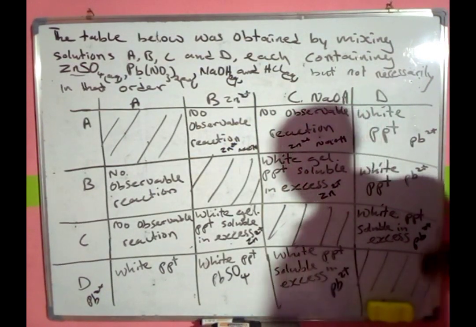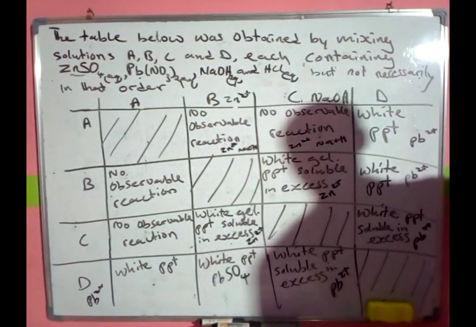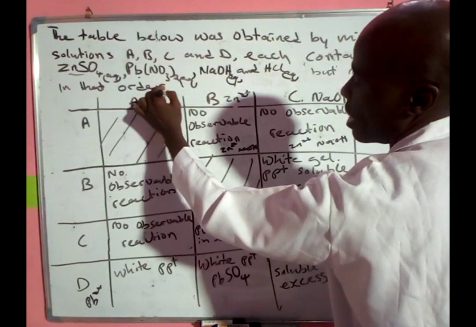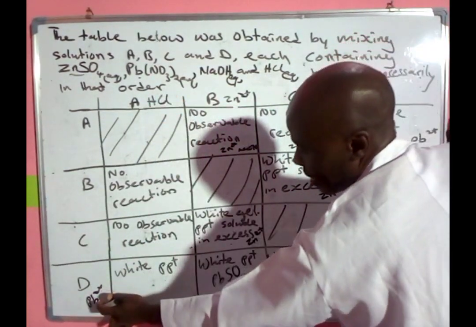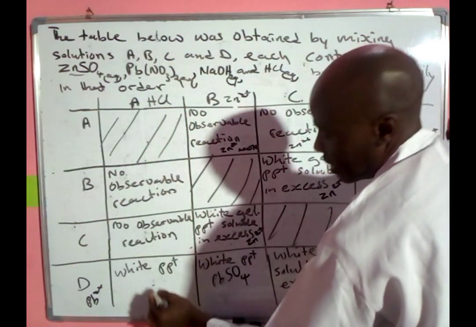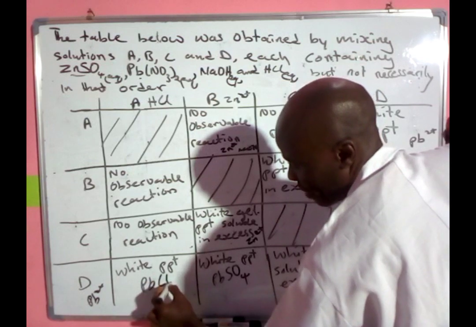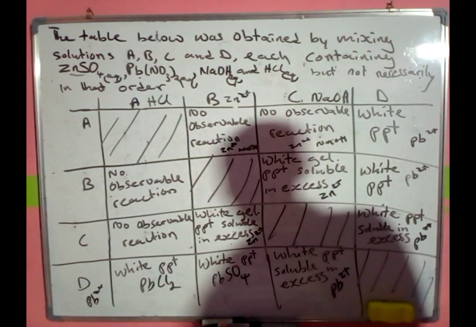Now, here where we also have white precipitate, what we have here is hydrochloric acid, because when hydrochloric acid and lead nitrate combine, you notice that lead chloride will be formed. Lead chloride is formed.